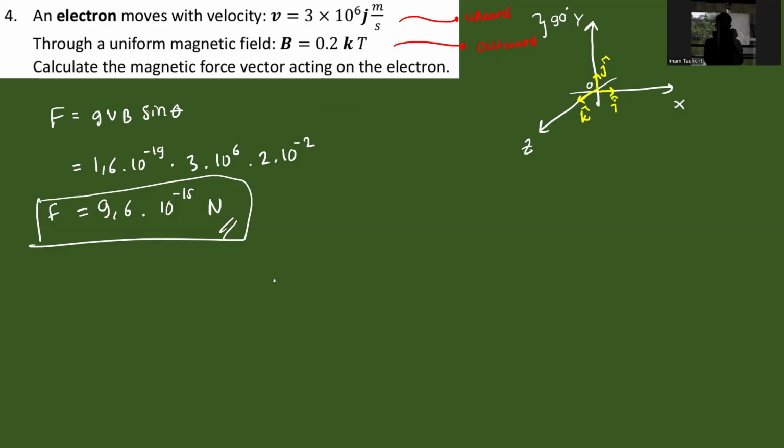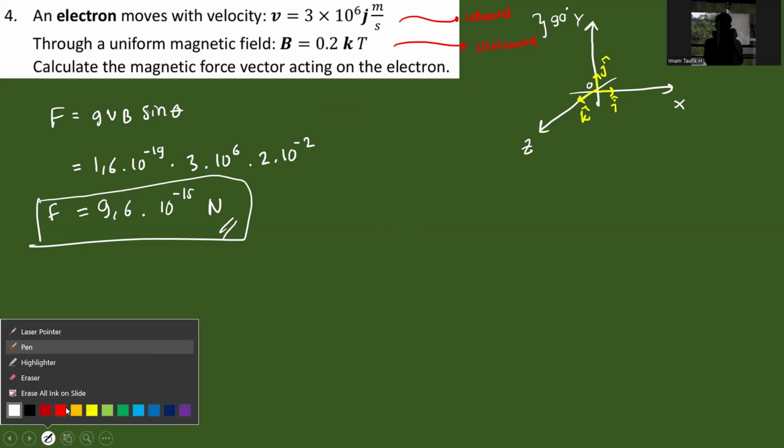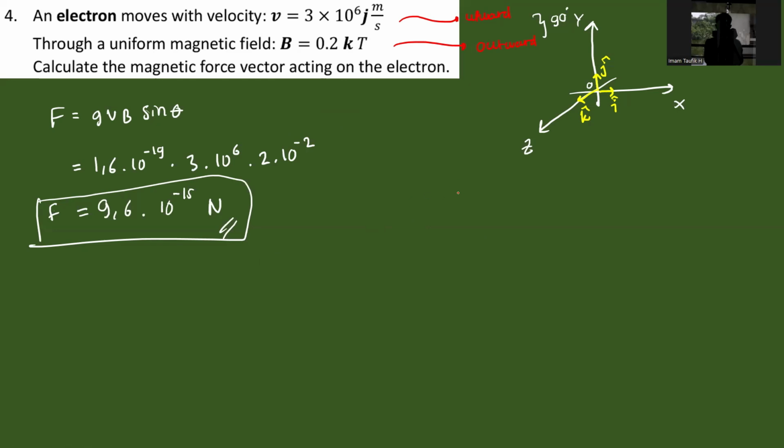we can make an illustration first. There is a magnetic field here. Let's say that this is the magnetic field. It is outward, so the magnetic field should be formed like this.